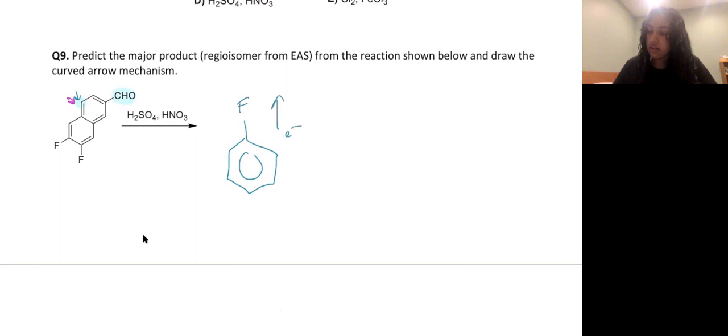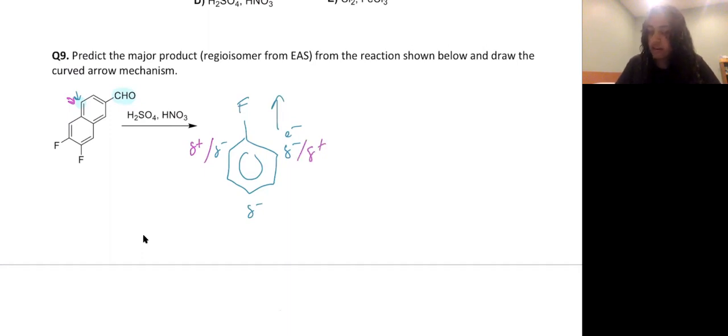So by resonance, it's going to have the ortho para carbons as a delta negative. However, there's two competing forces. By resonance, these carbons are all ortho, but by induction, they all also have a delta positive on them. And remember, induction is stronger the closer you are to the electronegative atom. So these are also kind of delta positive.